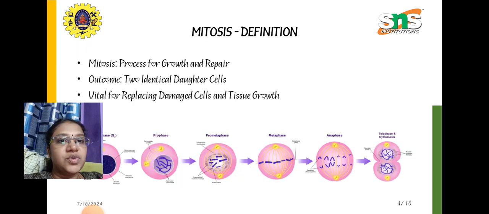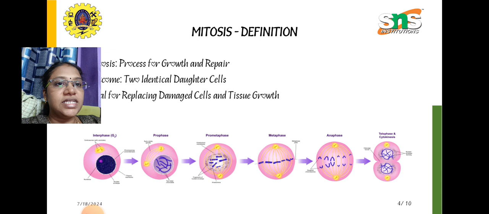And coming to mitosis, what we know about mitosis is that it is a process for the growth and repair of cells. The outcome of mitosis is two identical daughter cells. When it undergoes mitosis, it goes from interphase to prophase, prometaphase, metaphase, anaphase, telophase and cytokinesis, which are the stages of the mitosis process.